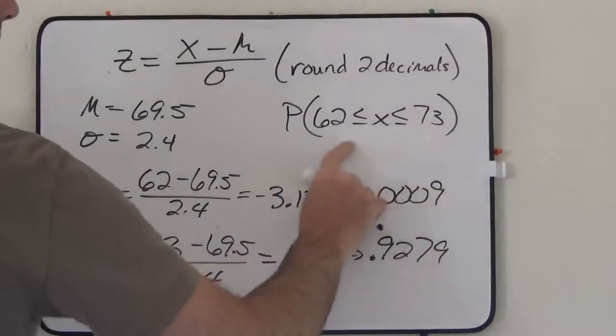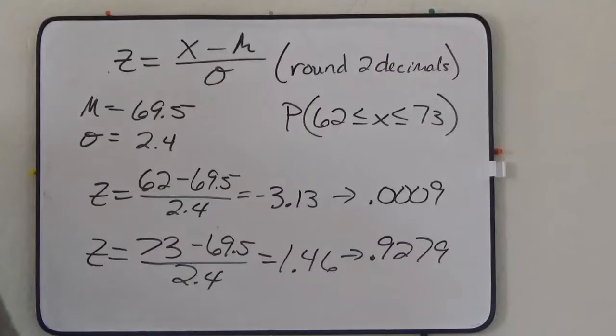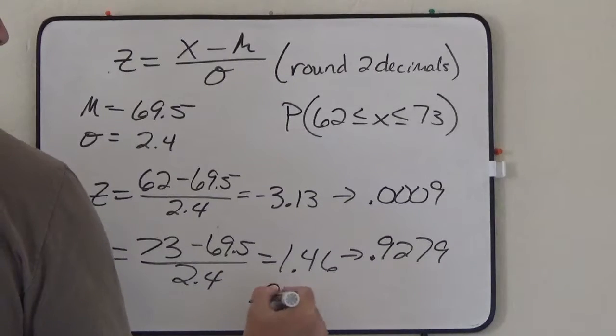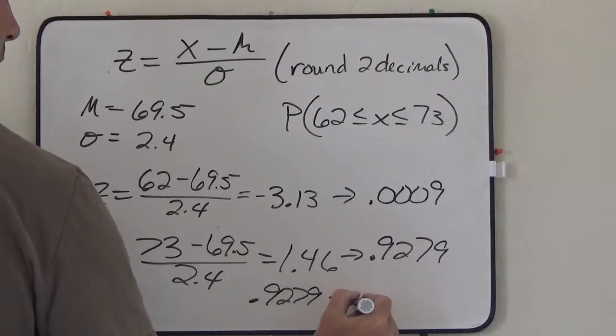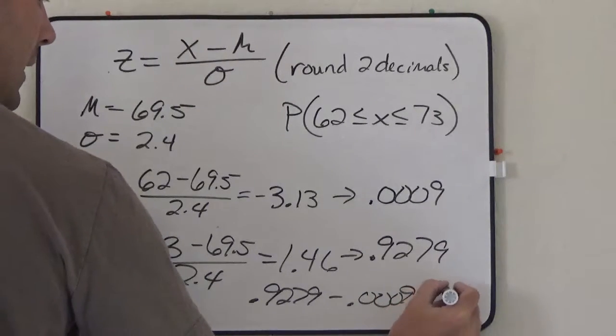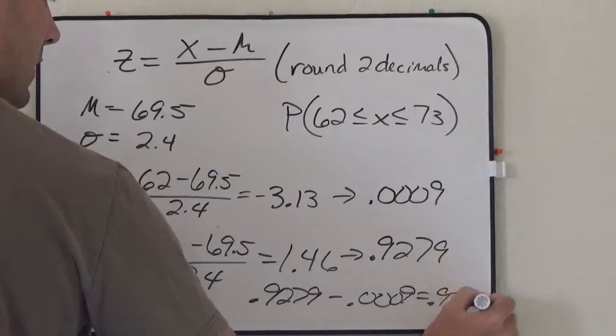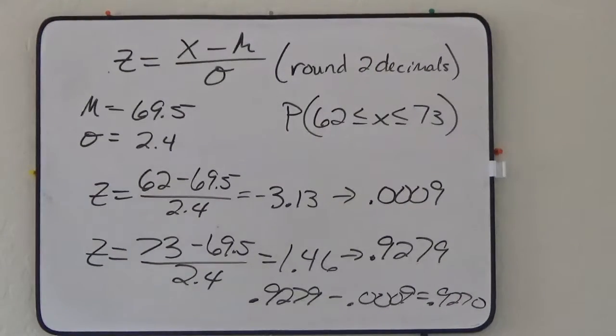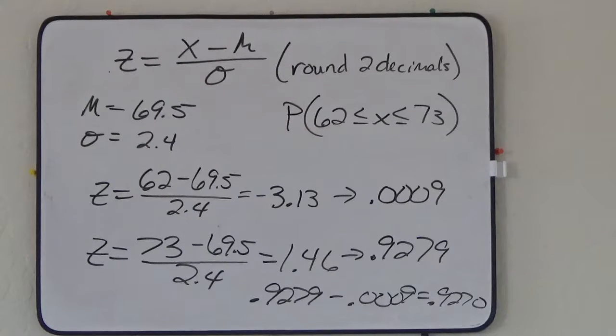Now because we're looking at the probability in between these, we're going to do 0.9279 minus 0.0009, and that gives us 0.9270. In other words, you have a 92.7% chance that a male is going to fit within that height range. The majority of males fit that range. Okay.